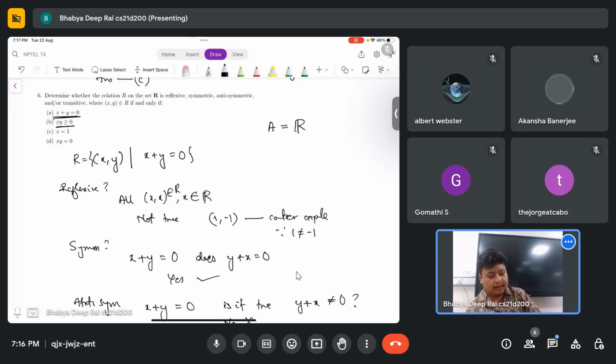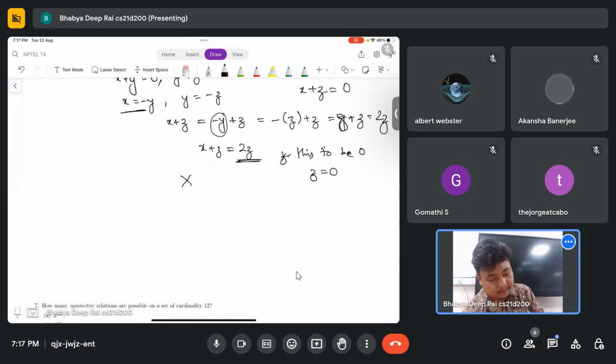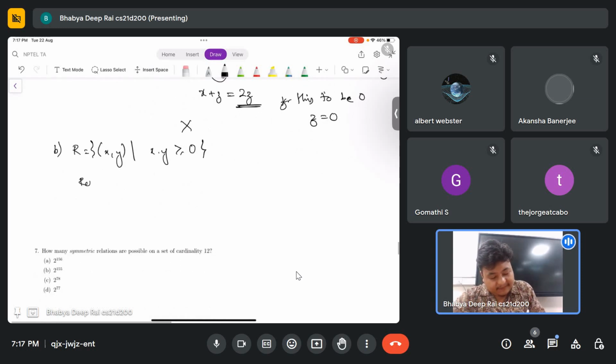Let's see. R equals (x, y) such that x times y is greater than or equal to 0. So yeah, reflexive. Is it true that x times x is always greater than or equal to 0 for all x?